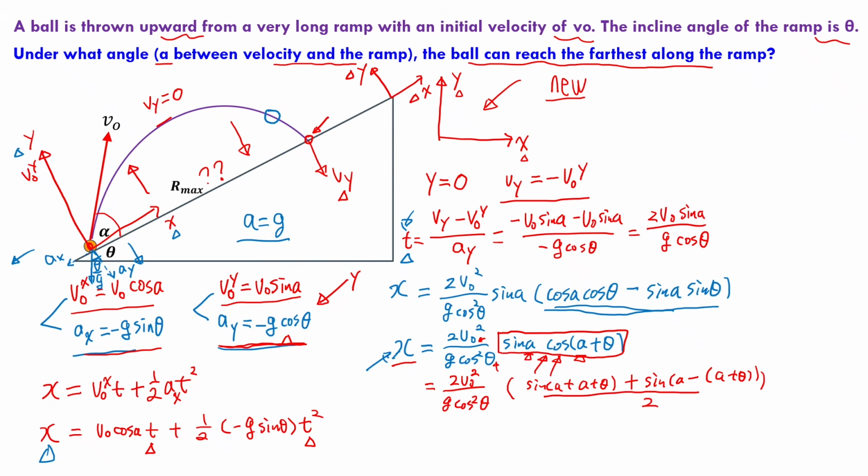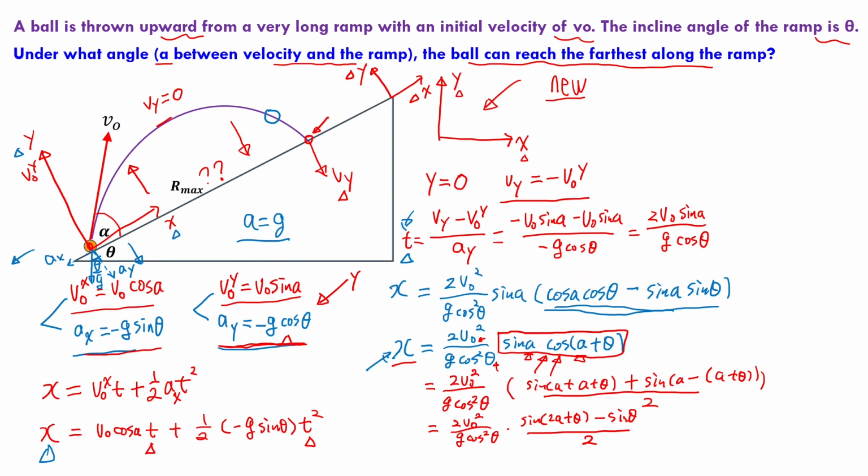This is one of the trig identities. Why are we doing this? Because after this step, my equation becomes 2V0 squared divided by g cosine theta squared, times sine of 2 alpha plus theta minus sine theta, divided by 2.